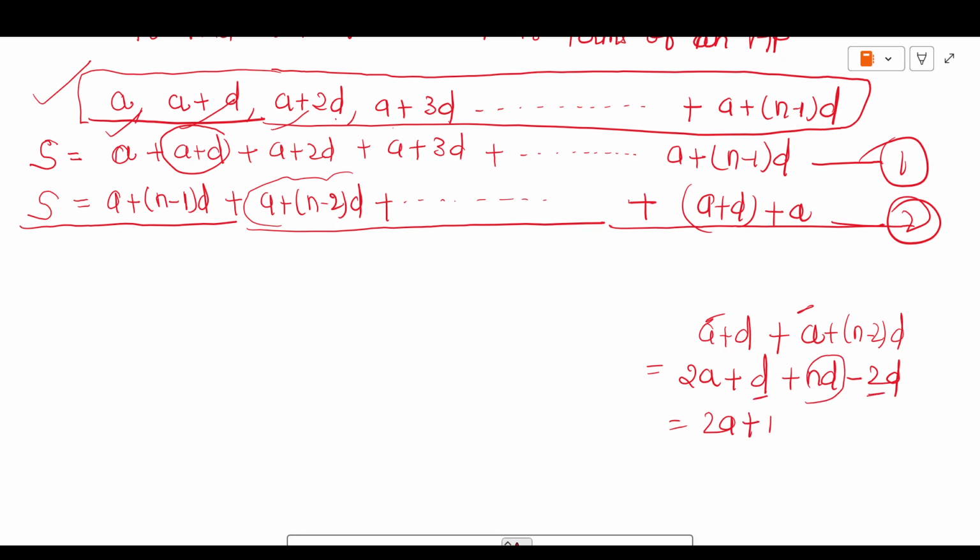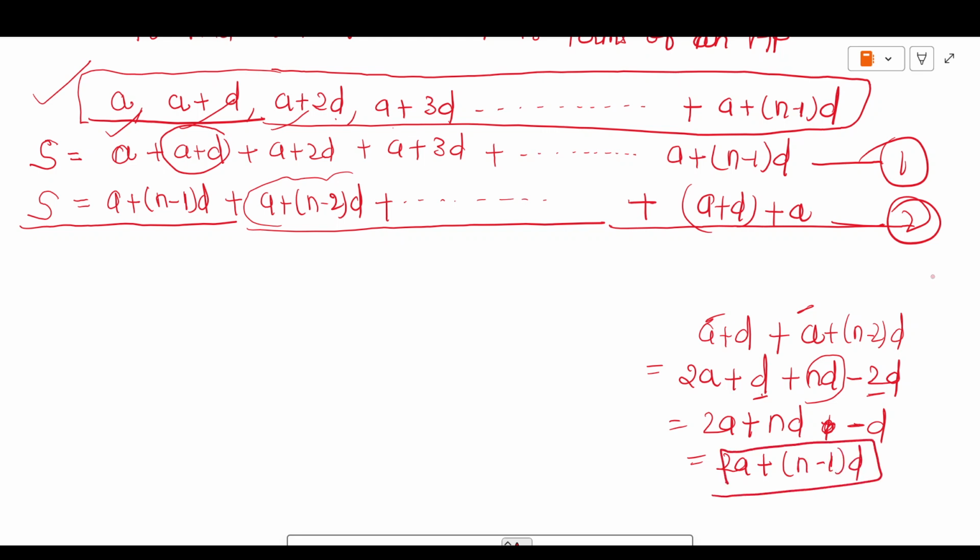Firstly write D, and we subtract 2D from nD, so here it is minus D. So we have 2A plus, if we take D as common, (n minus 1) into D.